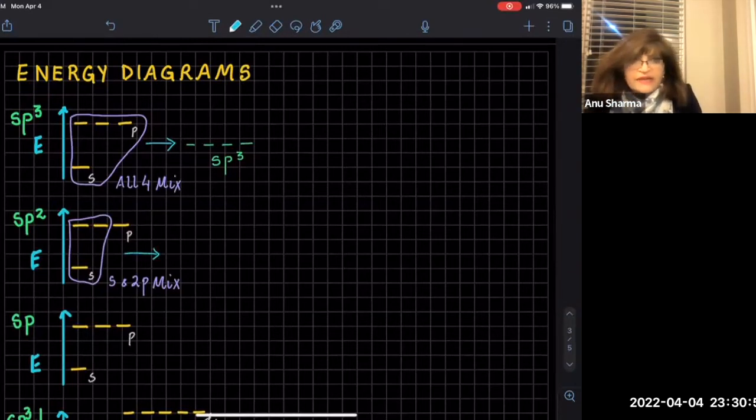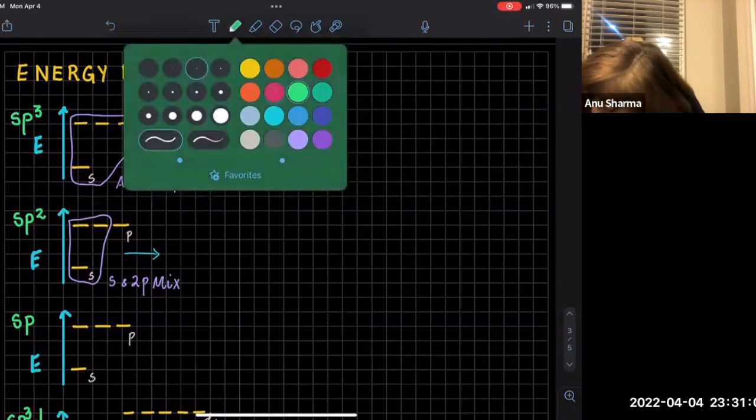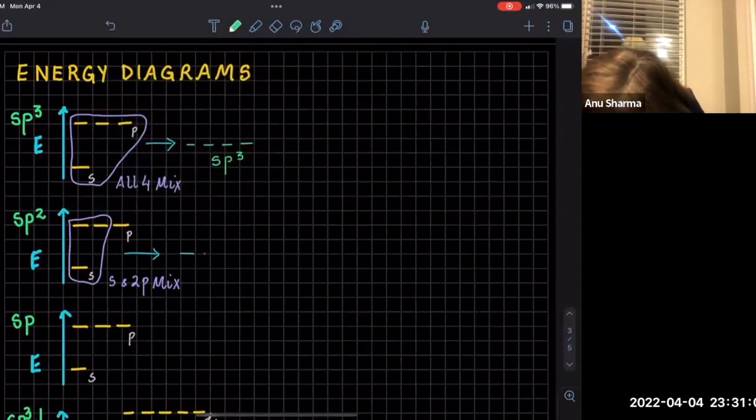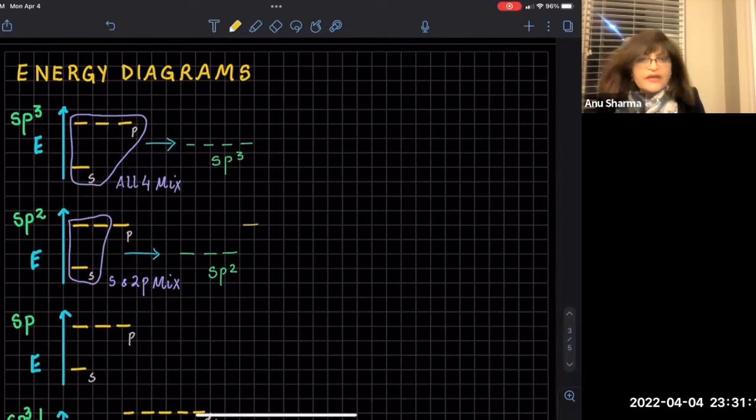It stays at that energy level, but the other two are brought down. So this becomes sp2. And remember that one of the P's did not mix, so it stays at a higher energy level. That's the P that is pure.